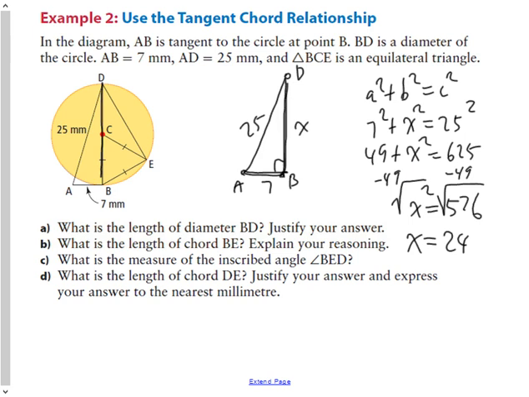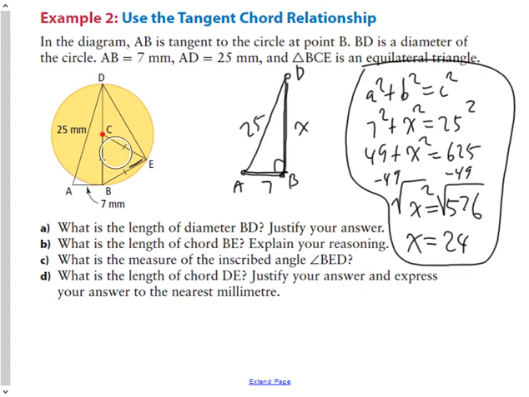What's the length of the diameter? Justify your answer. There's my justification for the first one. If you need time to copy that down, just press pause. So the second thing is, what is the length of the chord BE right here? How long is that? Well, that one's actually really quite easy, because if I know the diameter to be 24 millimeters, then this distance from here to here is a radius, and since that is half the diameter, that must be 12.